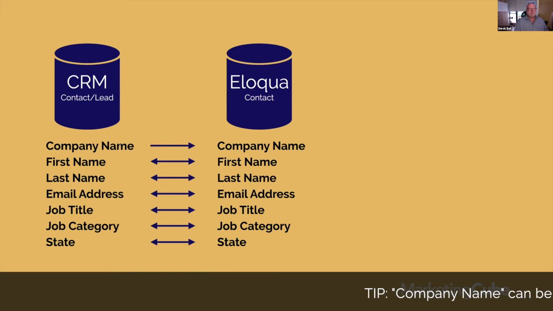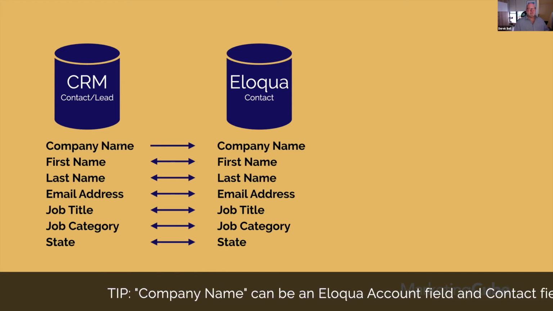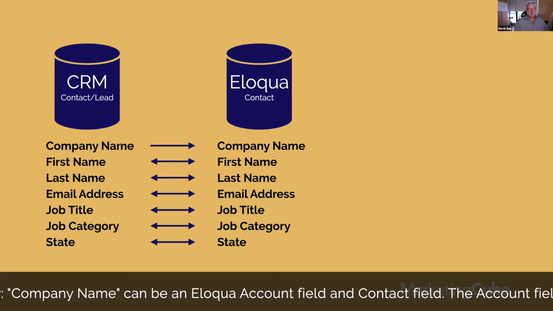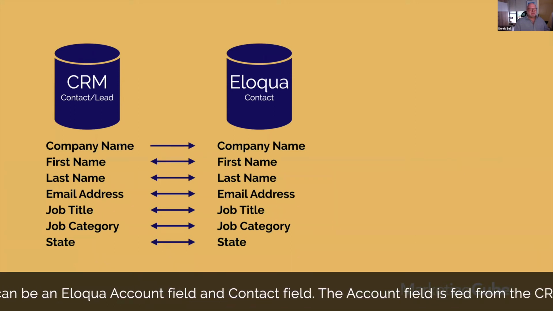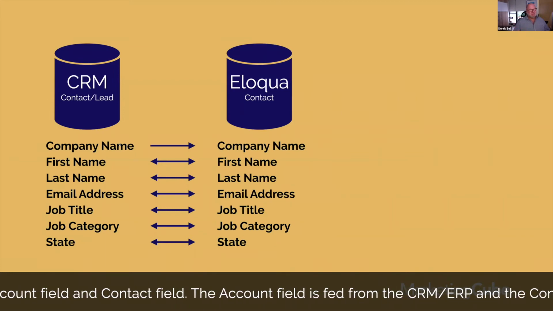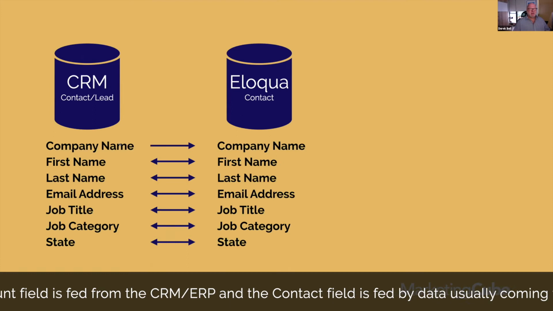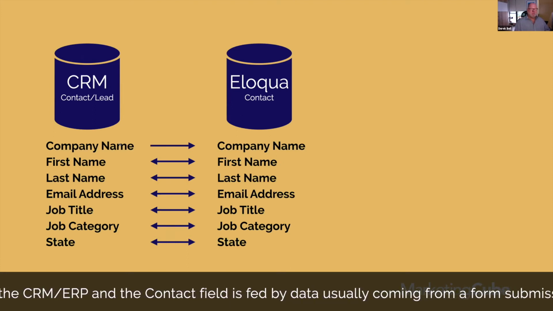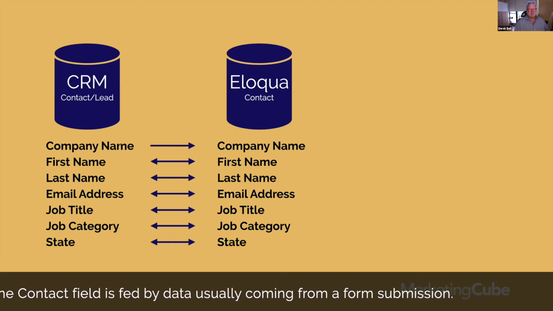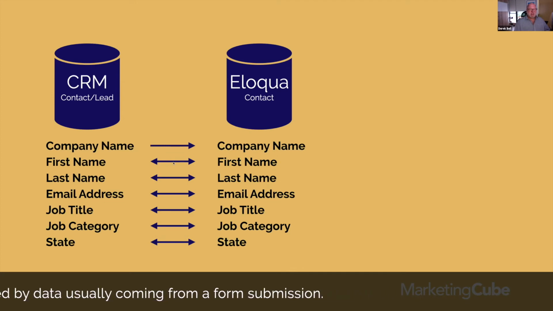So often the CRM, well, our best practice suggestion is that really it's the CRM that should be the source of truth in relation to company name. So at some point when the person first comes into your system, if they happen to come in through a form, yes, you'll capture their company name that first time, but pretty much that becomes the source of truth. So understanding that you can control the source of truth through the integration at a field level.